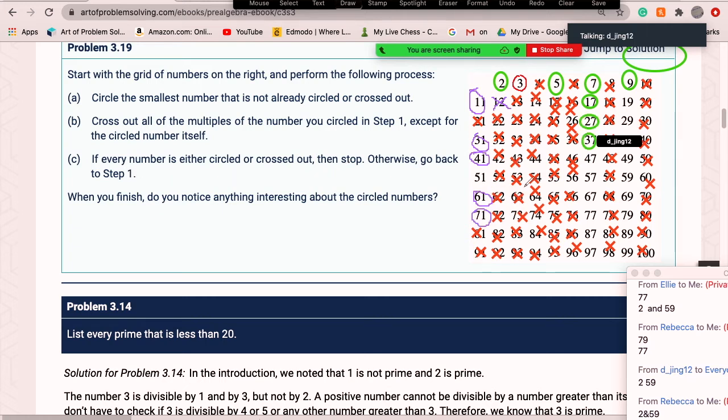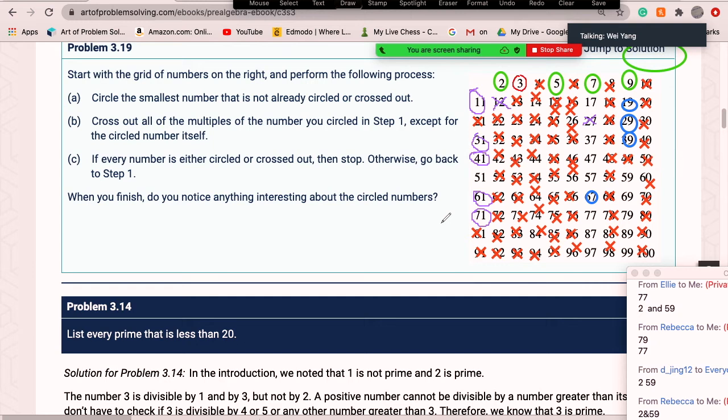So I'm just circling every single one of these? It's not every one. First, you need to circle 2, because 2 is the smallest number and you never cross that out.